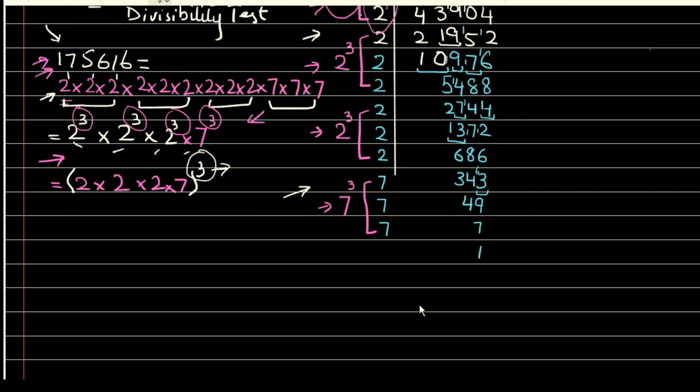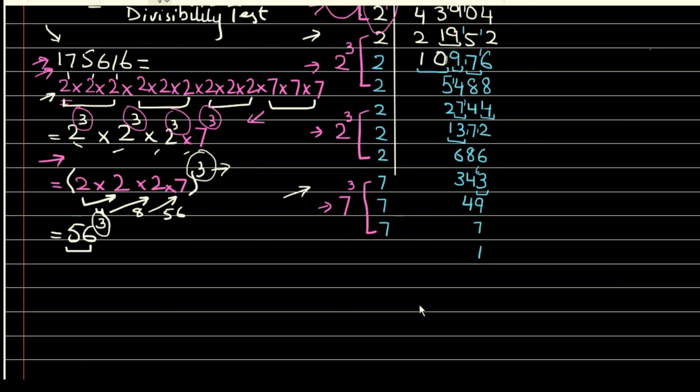So 2 times 2 is 4, 4 times 2 is 8, and 8 times 7 is 56. So 56 is a root basically, but it still has a power 3, which we have to remove.